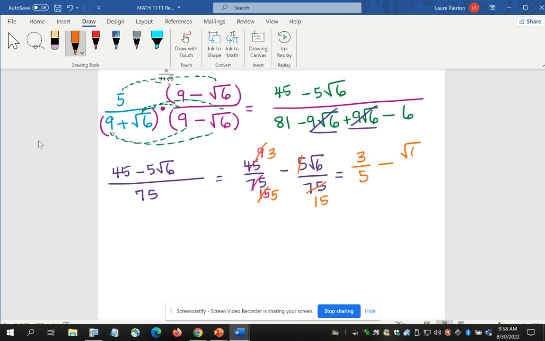So you'd have square root 6 over 15. It could be written that way, or if you wanted to leave it with that denominator of 15, you could see it written 9 minus square root 6 over 15. You could do it either way. It just depends on how they ask you to write it, whether they want it in the standard form or not. So either answer is acceptable. And if it's multiple choice, you may need to know that either answer is acceptable.